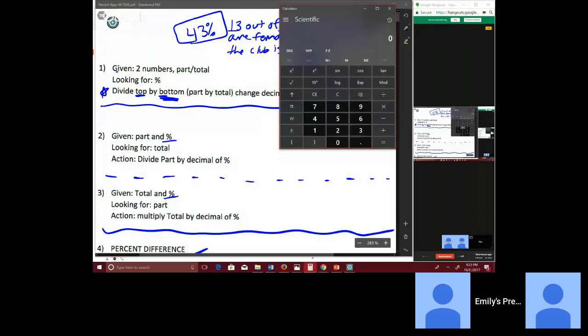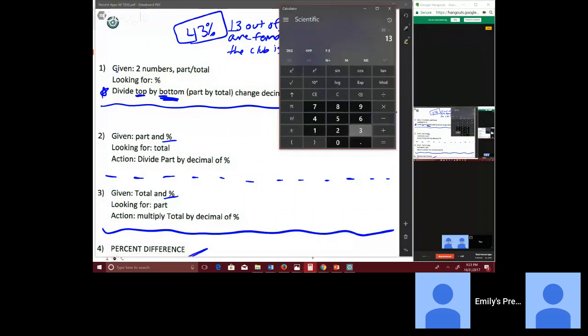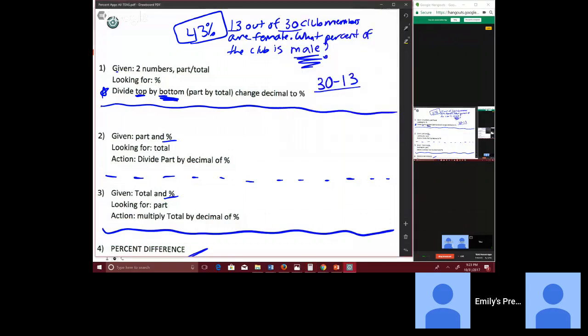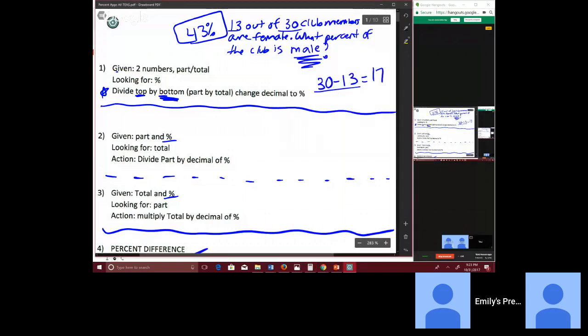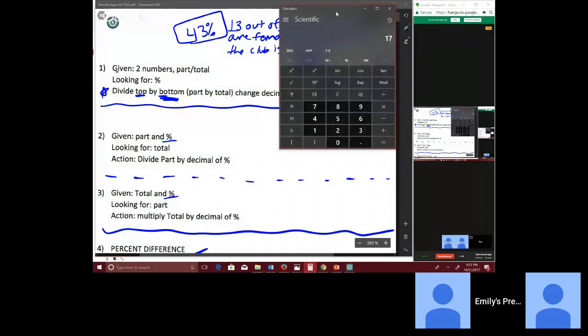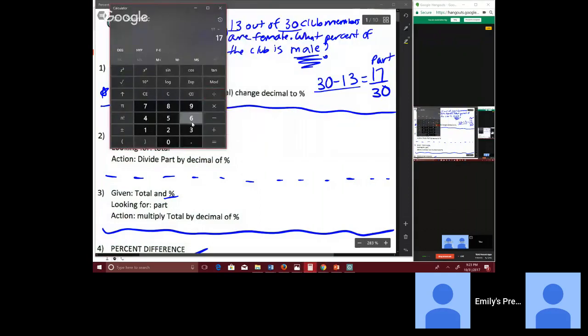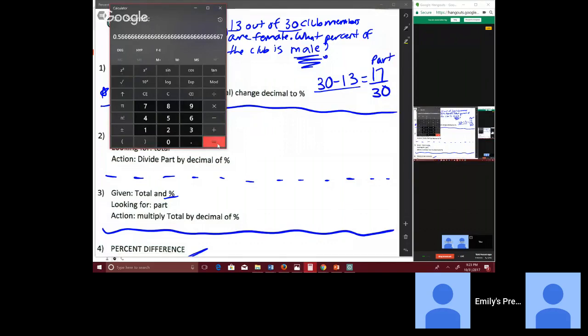So if 13 of them are females, then 30 minus 13 says that 17 of them are males. Males would now be your part. 30 remains your total. So that's not difficult by any means. It's just a matter of noticing that that's what they did. So those questions really only get missed when you don't notice them.